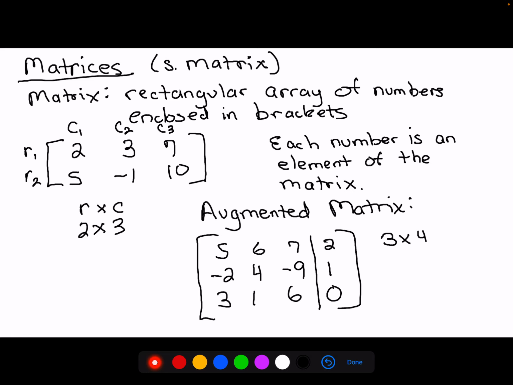Okay. Now our goal is to take a matrix and use it as a tool to help us to solve some problems. So in order to use this tool, we need to know what we're allowed to do. Okay, so what is allowed?